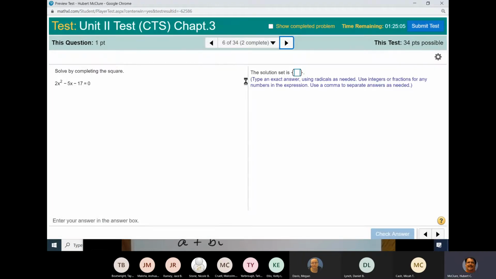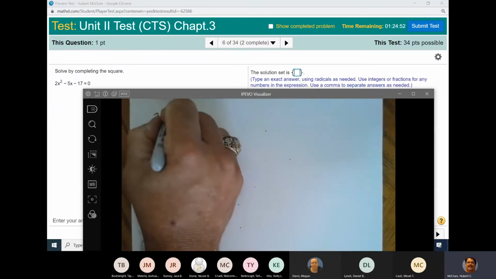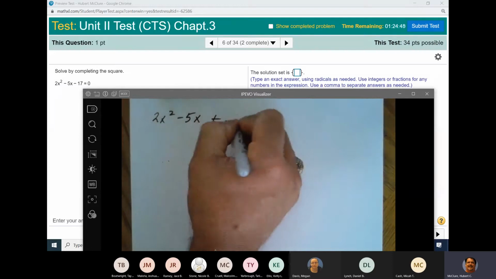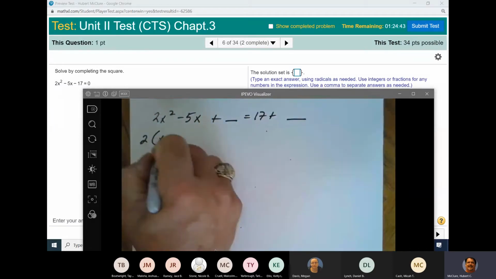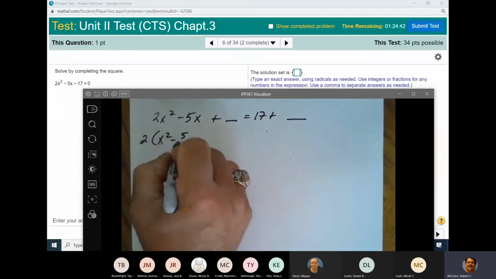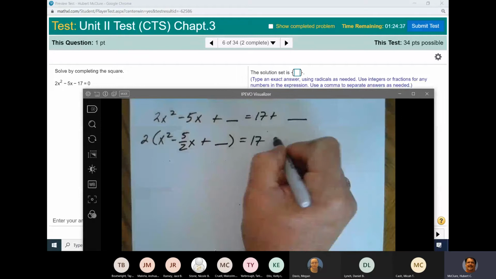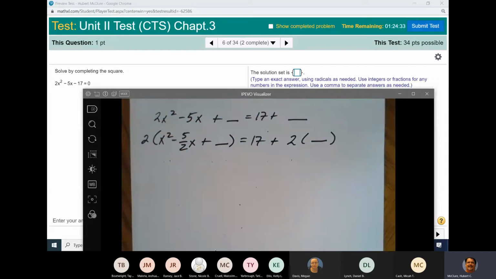Solve by completing the square. Solve means find the x-intercepts. 2x squared minus 5x plus blank is equal to 17 plus blank. Factor out a 2: x squared minus 5 halves x plus blank is equal to 17 plus 2 times blank.